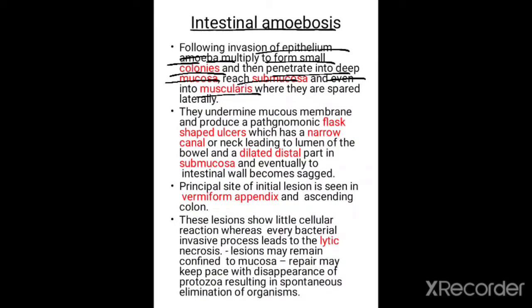Then they produce a pathognomonic lesion in the mucosa of the intestinal epithelium, called flask-shaped ulcers. These flask-shaped ulcers are the pathognomonic lesions in intestinal amoebiosis. The principal site of initial lesion is seen in the vermiform appendix and also in the ascending colon.